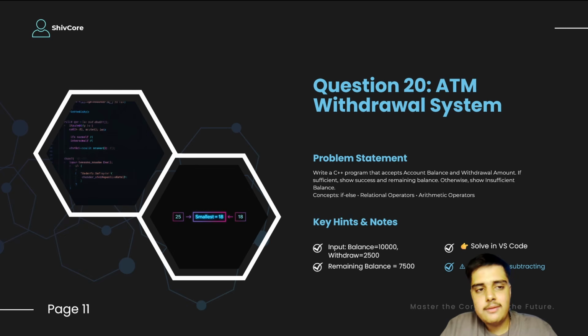From basic calculation to switch case programs and real world scenarios like grade calculators, electric bills, ATM system, you have taken a big step towards becoming confident in decision making in C++. But remember, watching solutions isn't enough. Try solving these questions again on your own without looking at the code. The more you practice, the stronger your programming logic becomes.